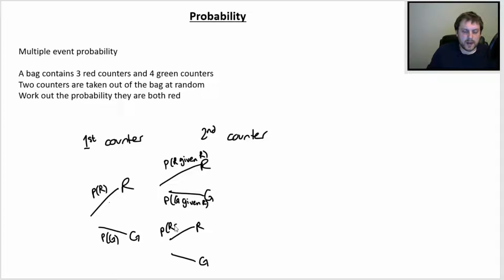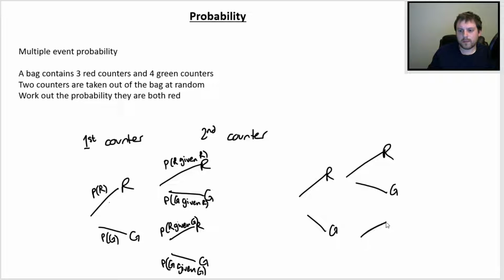This is the probability of red given that it was green on the first go, and this is the probability of green given that it was green on the first go. So if I actually fill some of these probabilities in, the probability of red is 3/7, and the probability of green is 4/7.